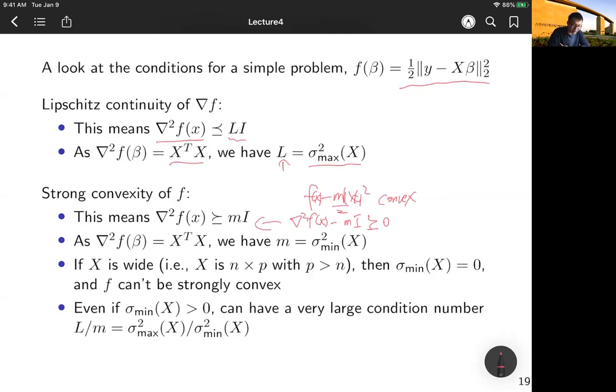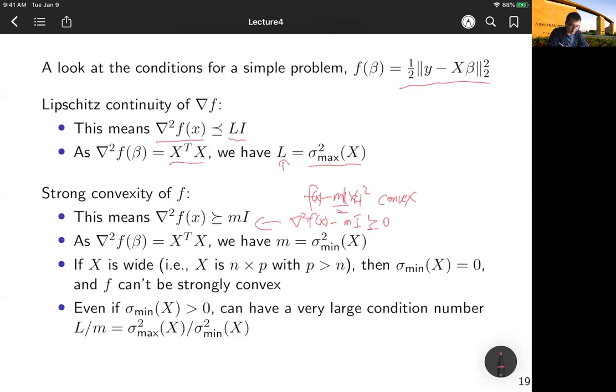Again, in the special case of a quadratic function, when we are solving a linear regression, the second derivative of this function of a vector input is the same X transpose X, regardless of what the input is.